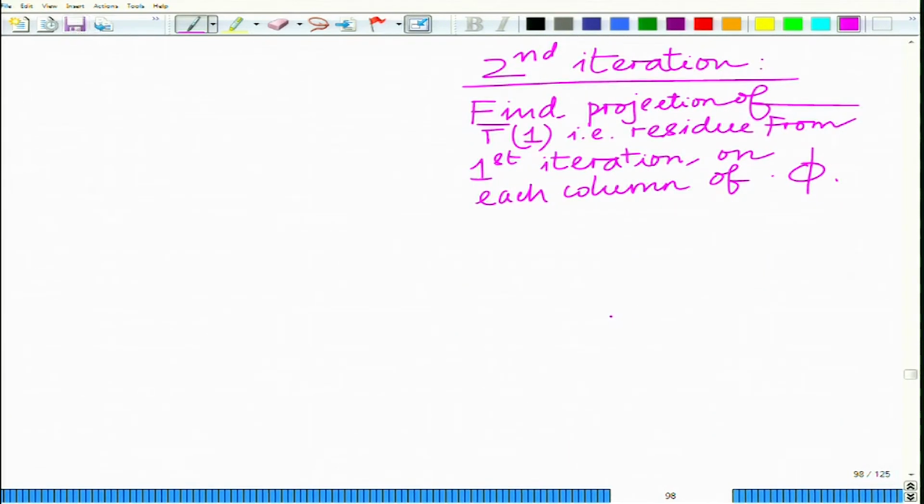Okay. And therefore, again similarly, we compute phi transpose r bar 1, which will basically give the projection of the residue on each column of phi.